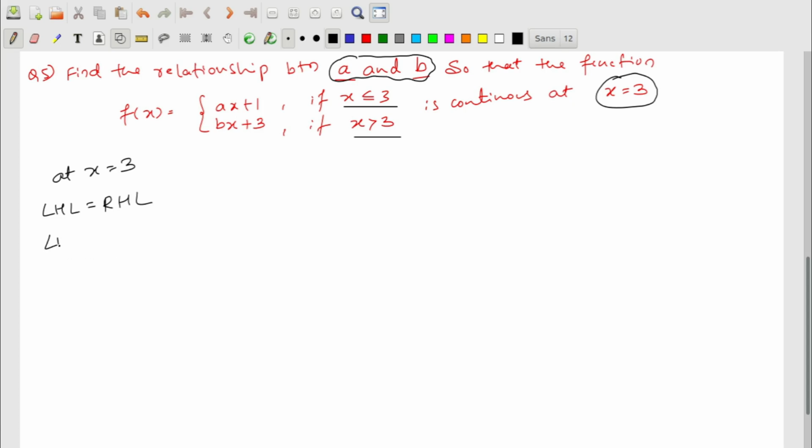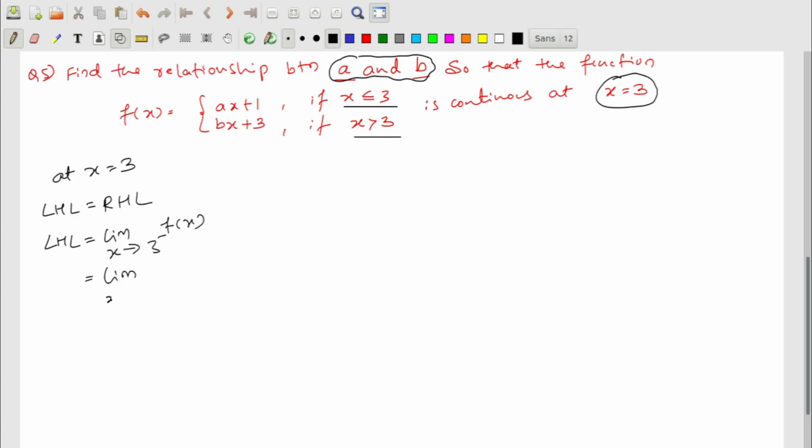So now let me get the LHL, right? The difference between the previous question and this question is, in the previous question we used to find whether the function is continuous or discontinuous, and if it is discontinuous, at which point it is discontinuous. But here it is given that the function is continuous at x is equal to 3, and you are asked to find the relationship between a and b, right? So first find the LHL. Limit x tends to 3 minus of f of x.